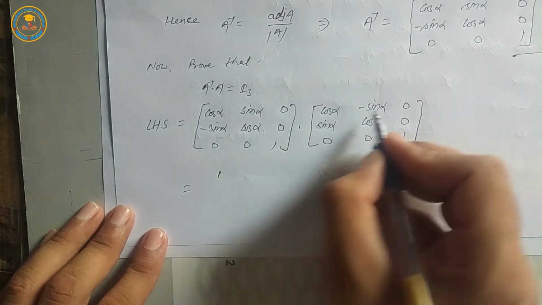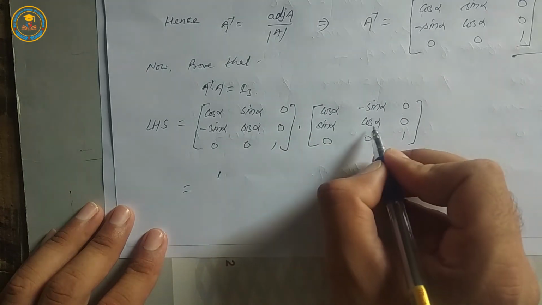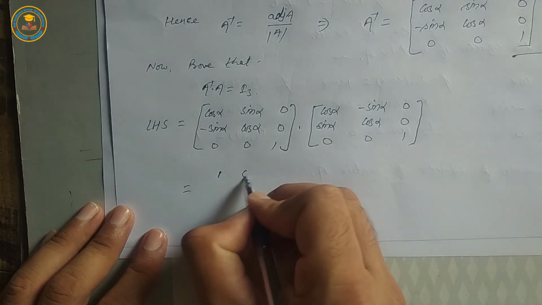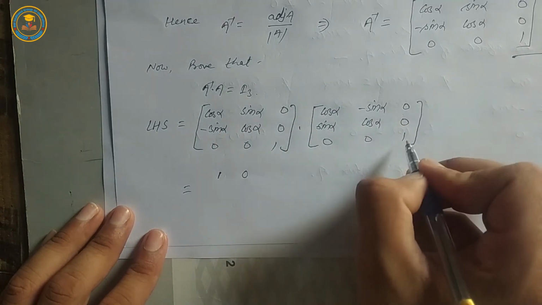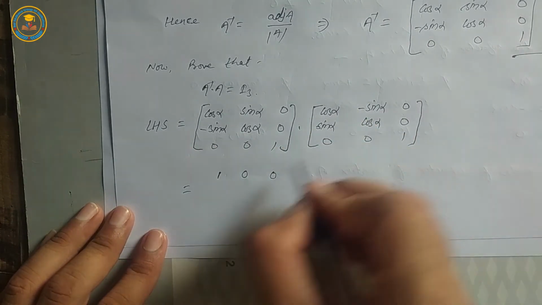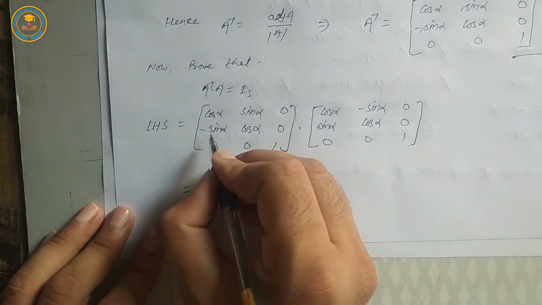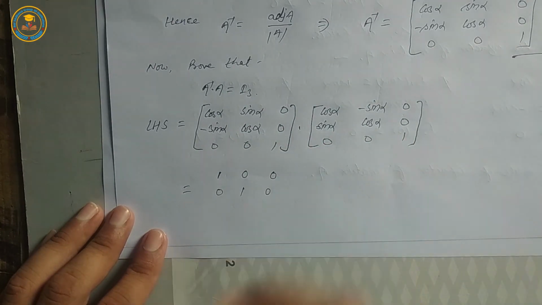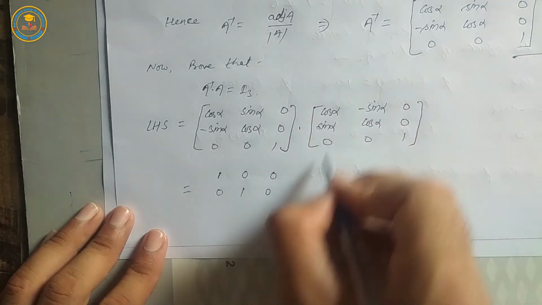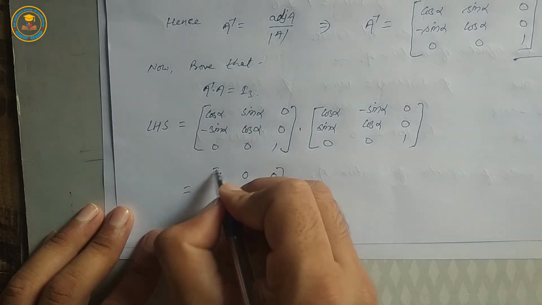First row second column: minus sin alpha cos alpha plus sin alpha cos alpha cancel out, it means 0. First row third column 0. Similarly second row first column 0, second row second column 1, second row third column 0. Third row: 0, 0, 1.